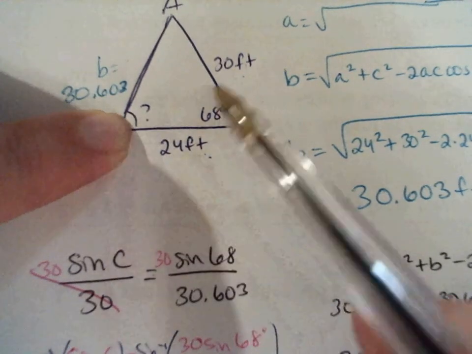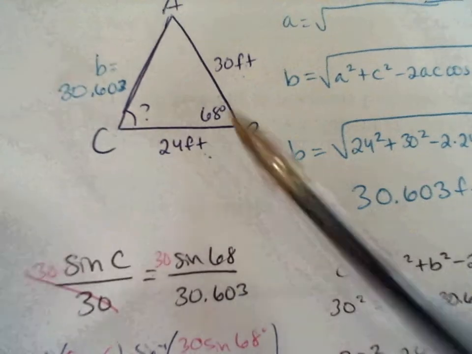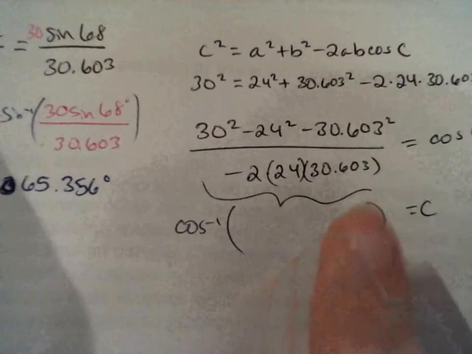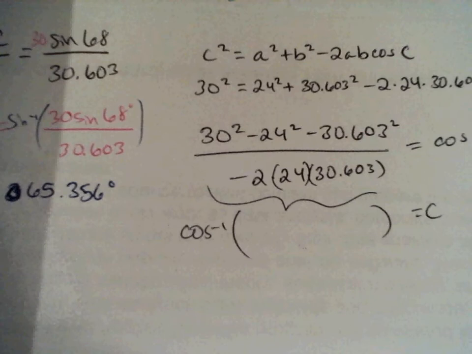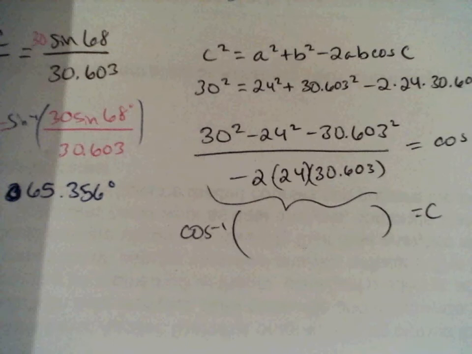Okay, and that makes sense. If this is 68 and this is 30.603, and this is 65.356 getting 30, it should be slightly smaller. Okay, pans out. I'm going to see if I get the same thing over here. So I'm going to take cosine inverse of all that. Cosine inverse, I'm going to use the alpha y equals and do the fraction: 30 squared minus 24 squared minus 30.603 squared, all divided by negative 2 times 24 times 30.603.